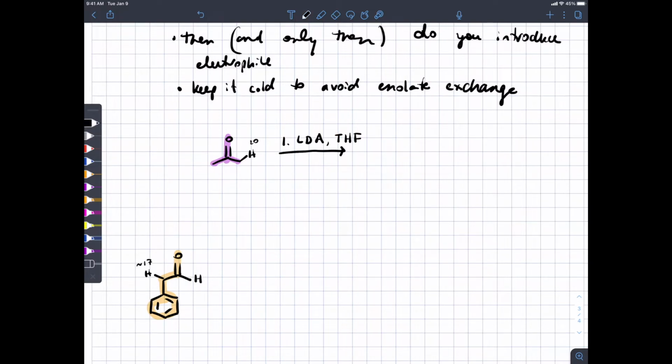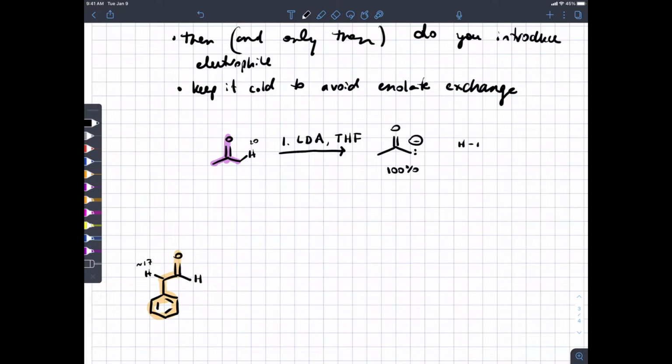It's a good solvent for these kinds of things. You would also have this really cold to prepare for the next step, but we'll just eliminate that data point here. That's going to make, because of the difference in pKa's between the alpha proton and the conjugate acid of LDA, 100% of our purple enolate.